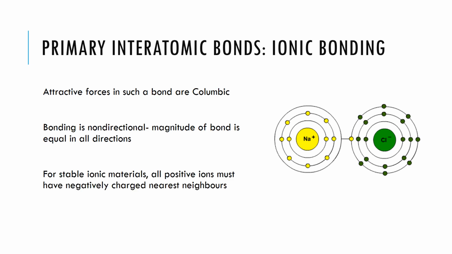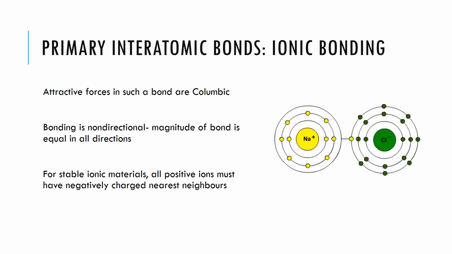And because of that difference in charge, that ultimately is what holds this solid together. So there are attractive forces in such a bond. They're Coulombic or electrostatic in nature. And the bonding here is non-directional, so the magnitude of that bond is equal in all directions.